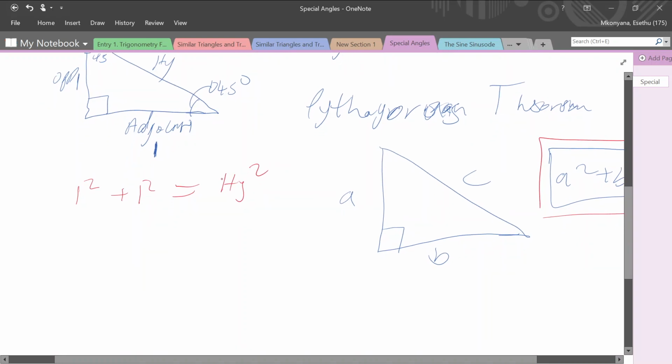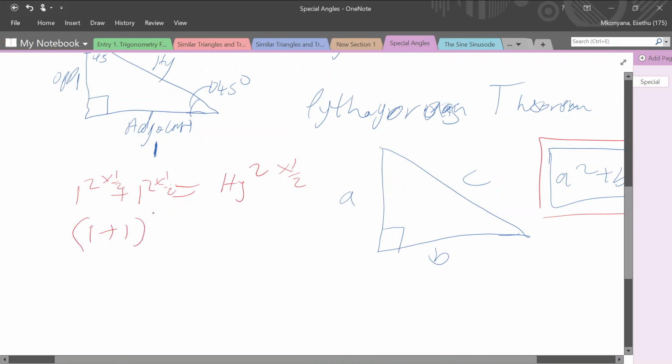To try and make everything the same and eliminate this square, you can multiply by 1 over 2. But when you do that on this side, you need to do it on this side also. In a sense, you're multiplying by 1 over 2 on both these numbers. What I'm doing here is wrong, but I'm just trying to make it simpler. So you could be doing it like this.